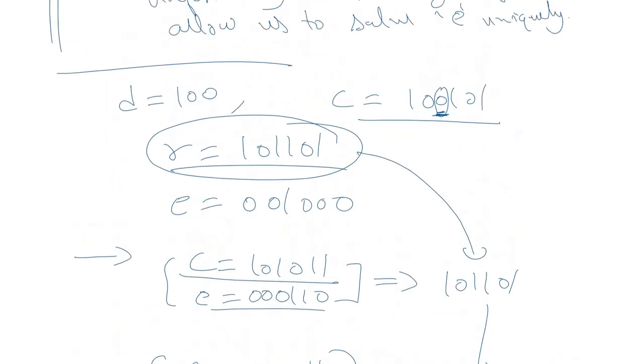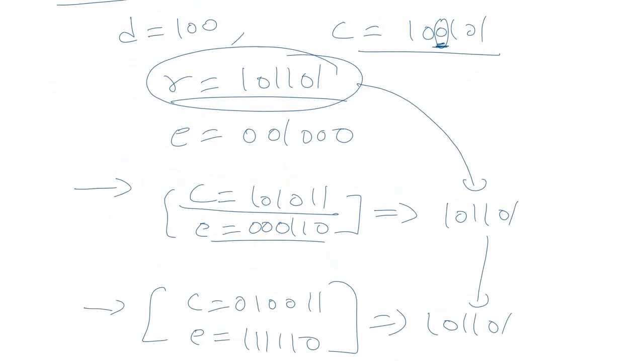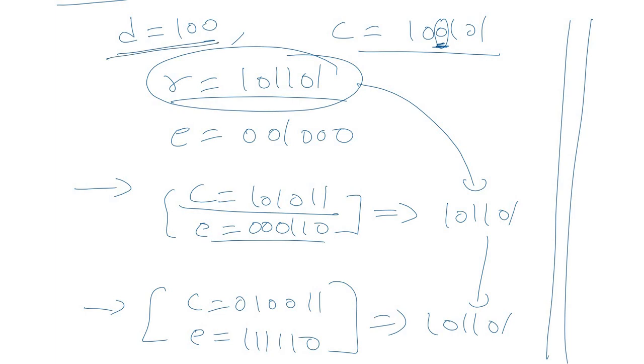I mean, from this syndrome vector S, we cannot uniquely derive the error vector. And the reason is clear from this example: if the transmitted data block was 100, the corresponding code word was this, and if we assume the error in the third bit, the received word is this. Correspondingly the error will be this.